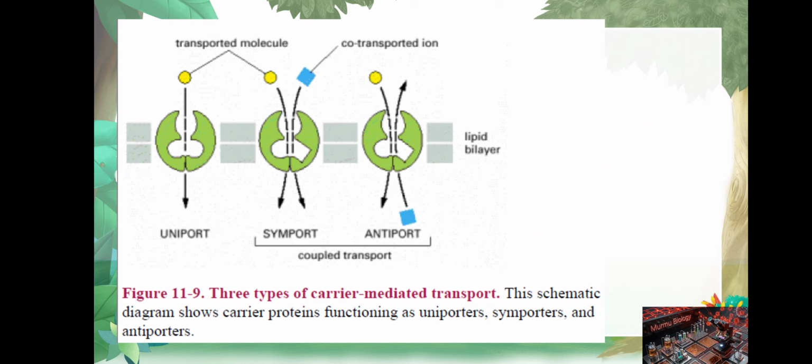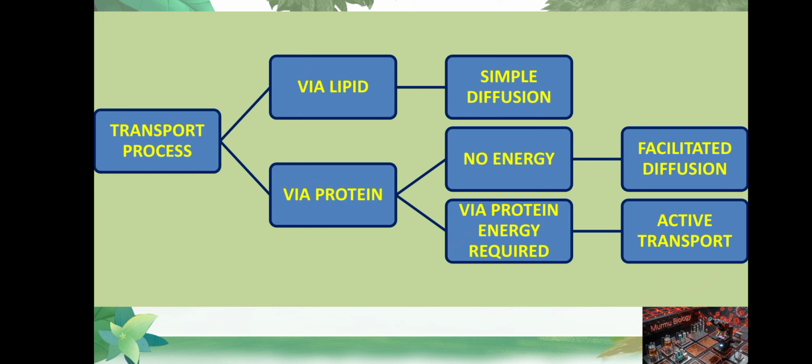Uniport is when a molecule is transported in only a single way. When two molecules are transported across the membrane in one direction, it is symport. And when two different molecules are transported across the membrane in different directions, it is known as antiport, isn't it?